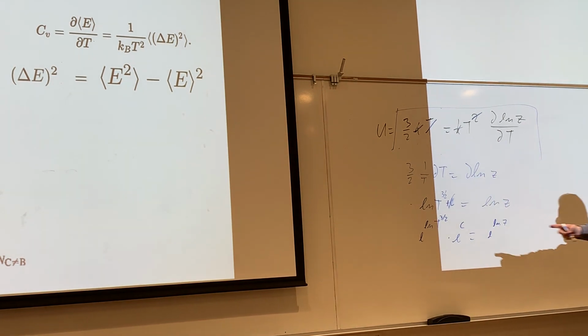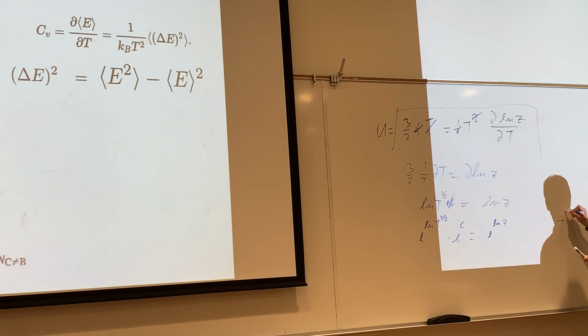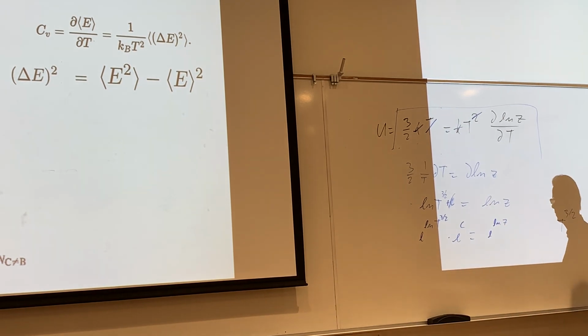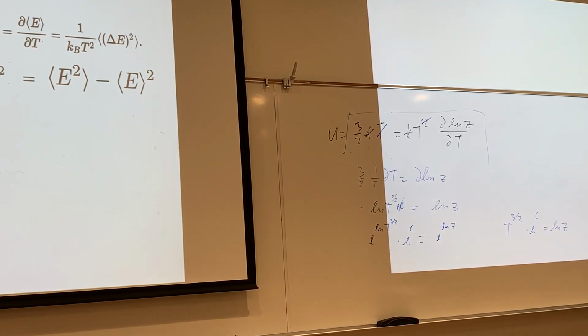Now e to the power of ln of t to the 3½ is t to the power of 3½, times e to the power of c, which is whatever integration constant we have, equals z. So we know z already. At least we know how z depends on the temperature.